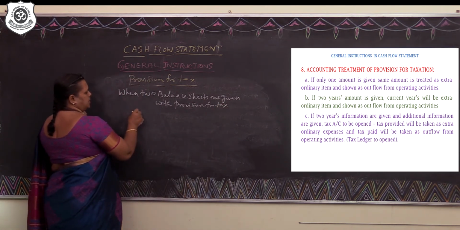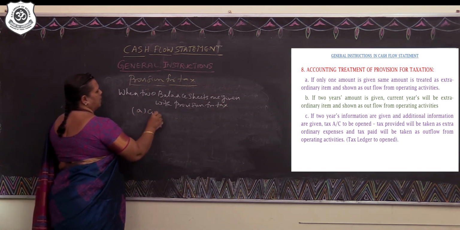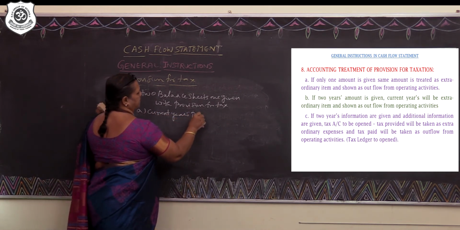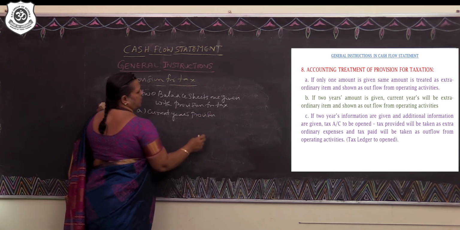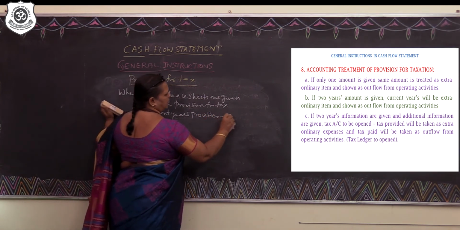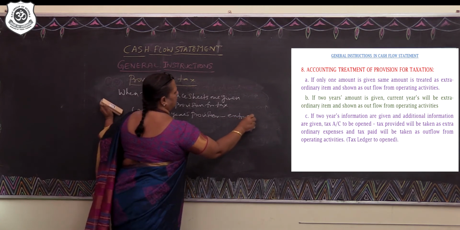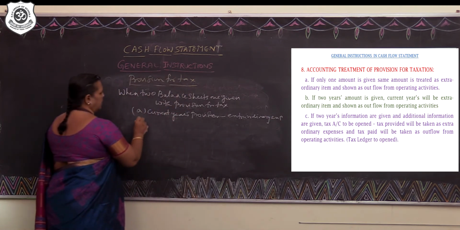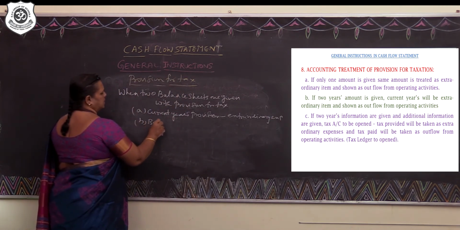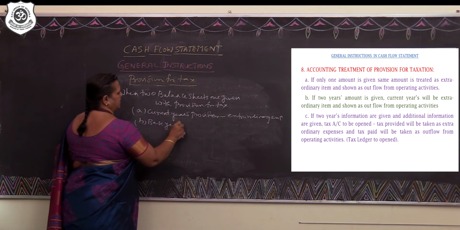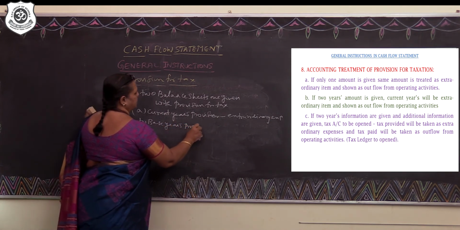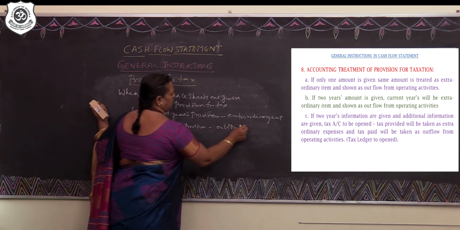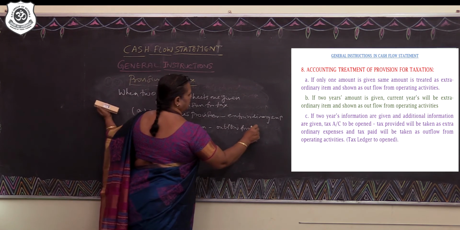So, adjustment number one, current year's provision will be treated as an extraordinary expense, and base year's provision will be outflow from operating activities.